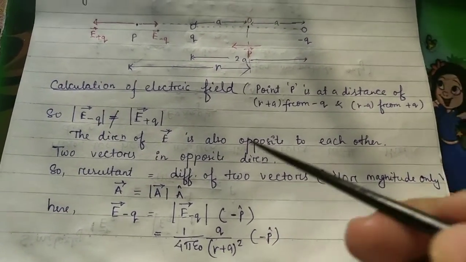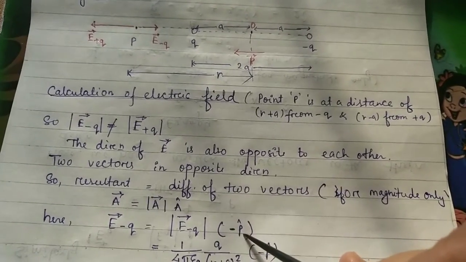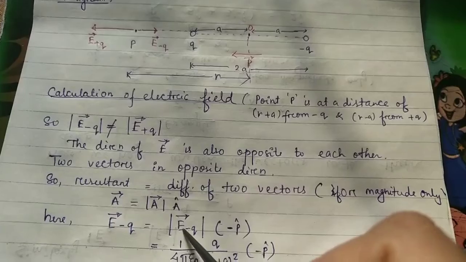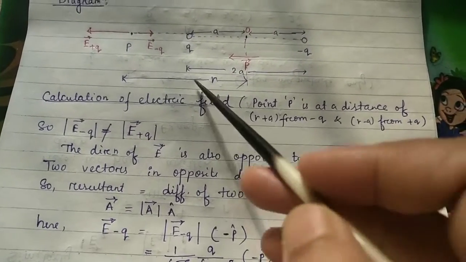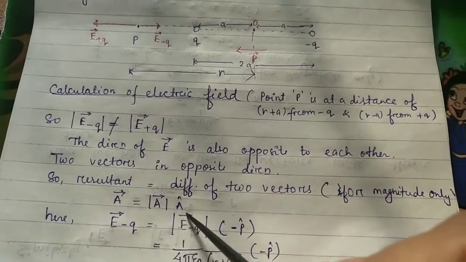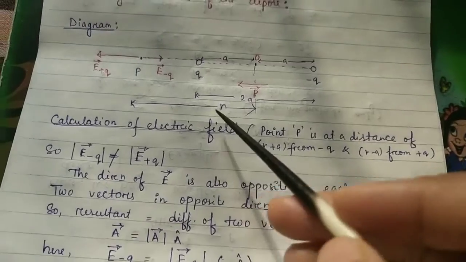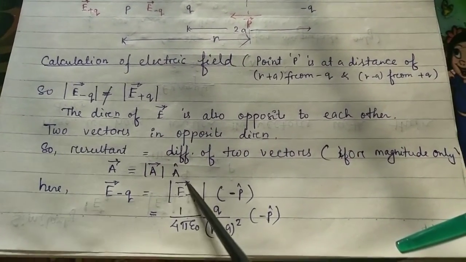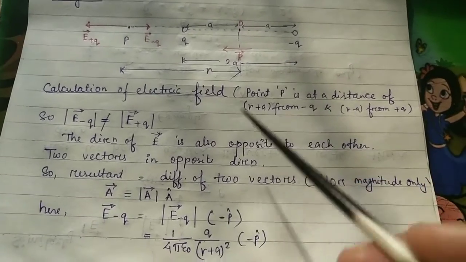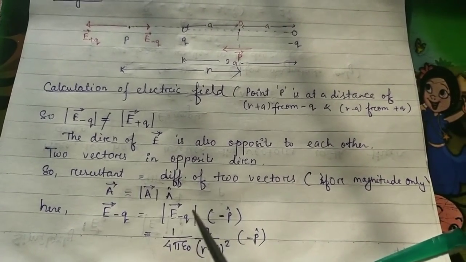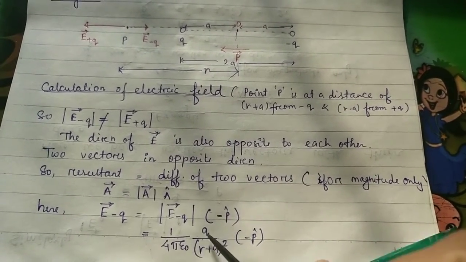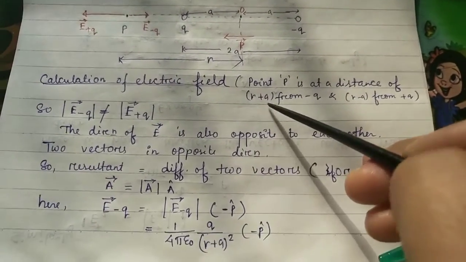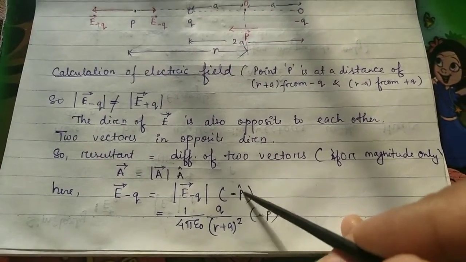The minus sign here is just because of the unit vector. It is not because of the minus q charge, because a vector is written as magnitude and direction, and the magnitude of the minus q charge is plus q only. So the magnitude of this electric field for the minus q charge is 1 by 4 pi epsilon naught q by, the distance of minus q I have already written, r plus a, so r plus a square, minus p cap.